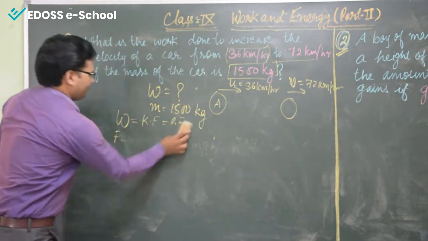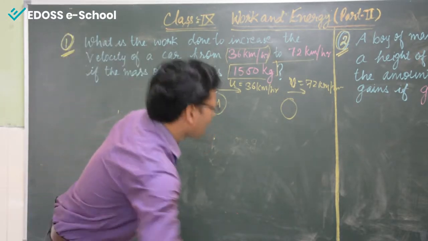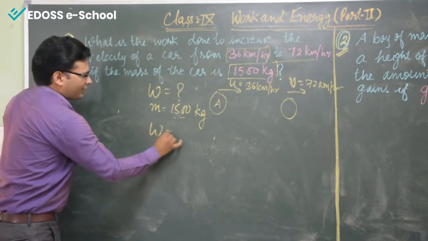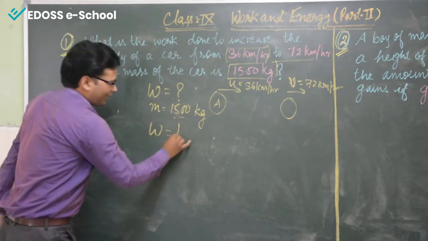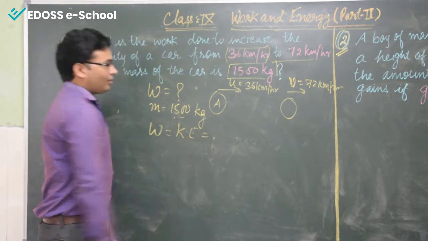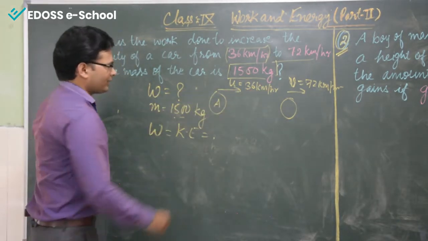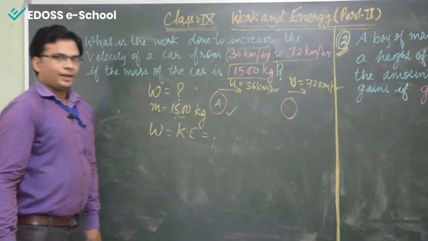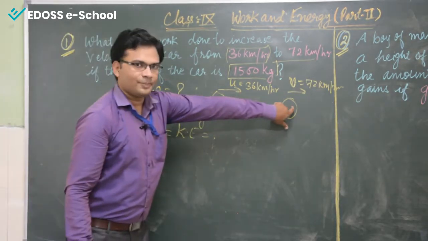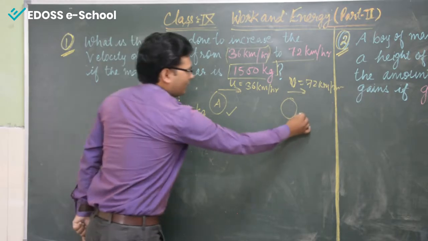So work done here would be equal to the kinetic energy. Now we have two velocities here, so here it would be initial kinetic energy, and this part it would be final kinetic energy.